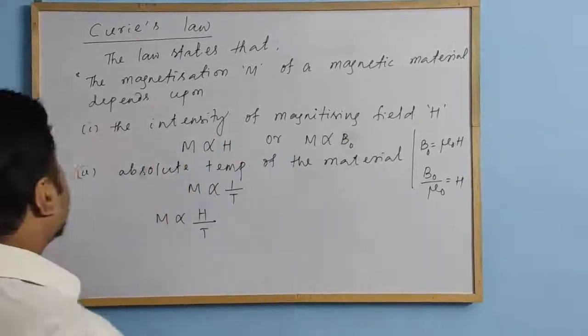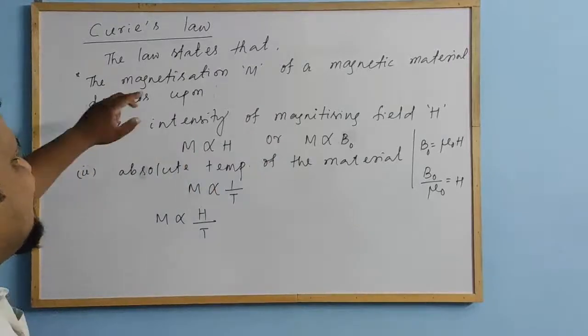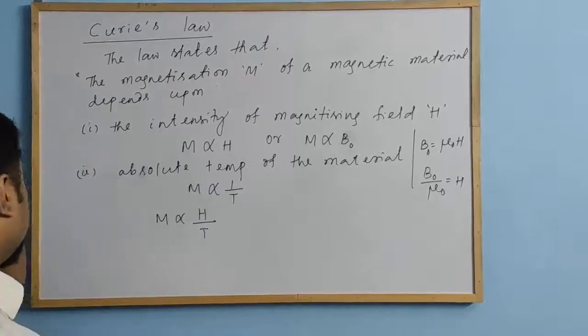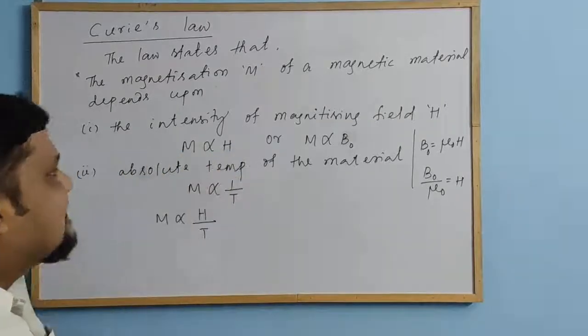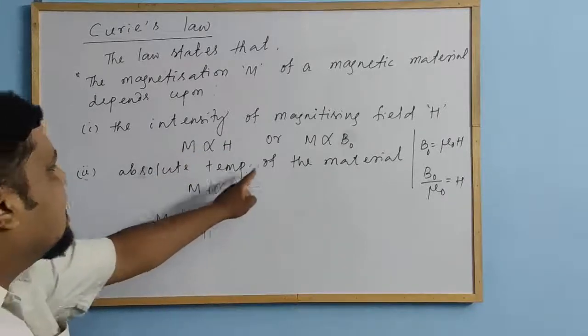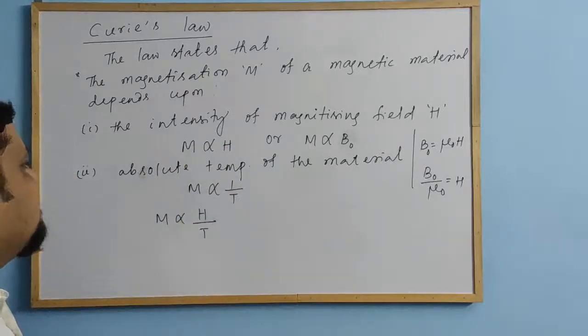The point is that the law states that the magnetization of a magnetic material depends upon the intensity of magnetizing field H, directly proportional, and inversely proportional to the absolute temperature of the material.